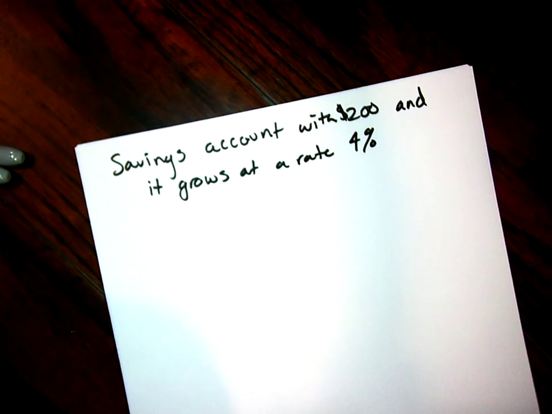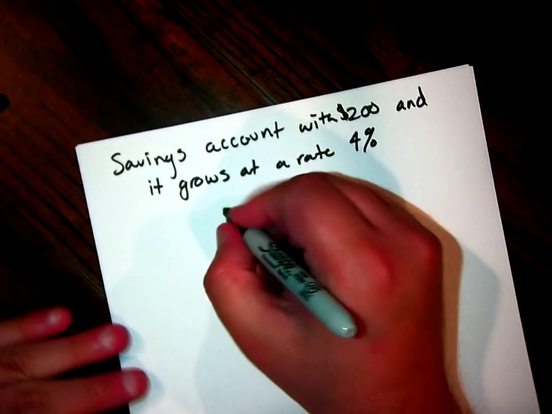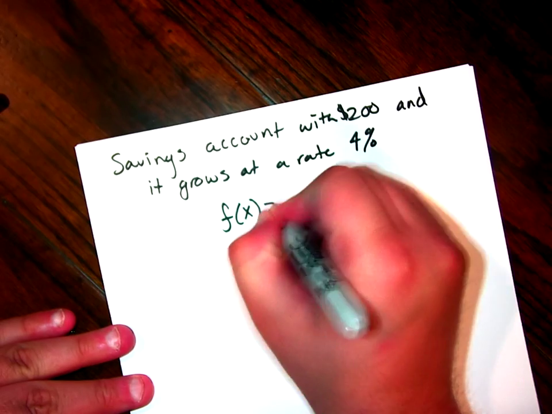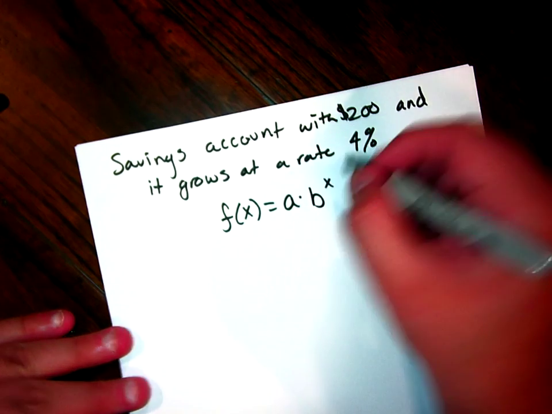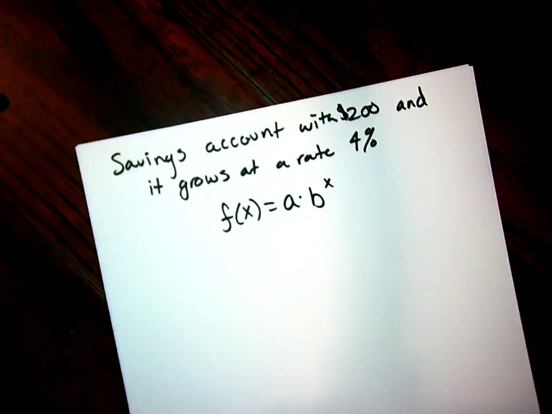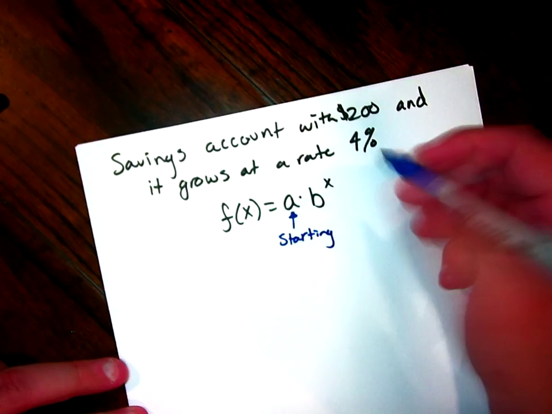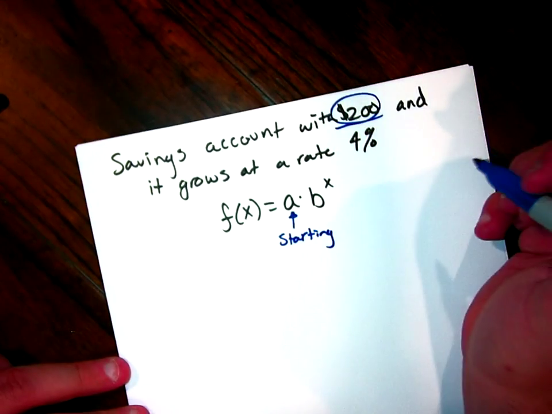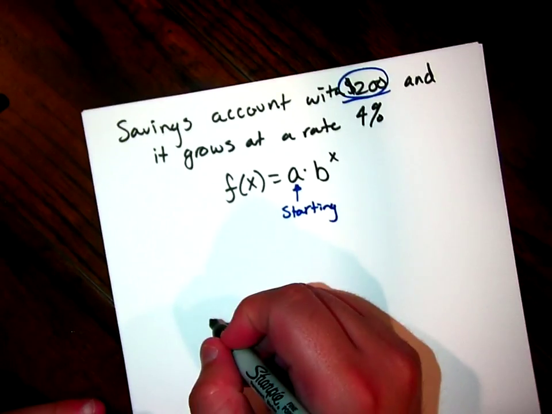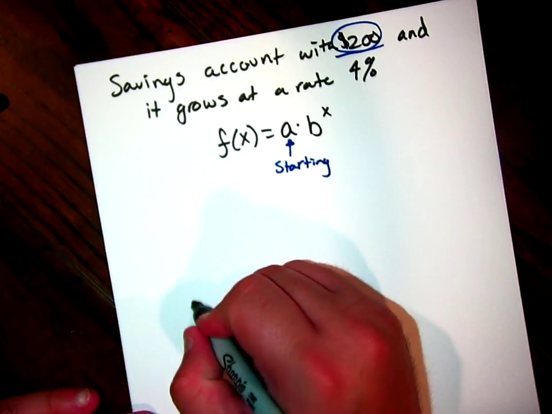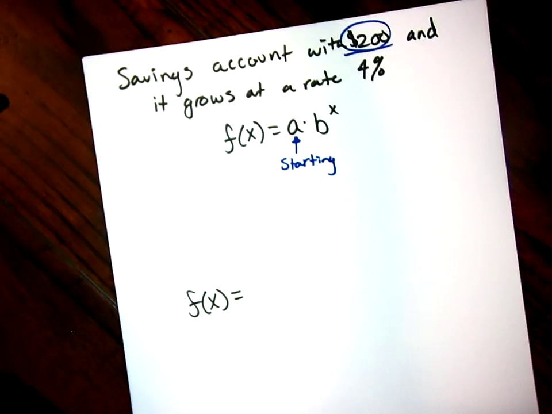Well, we know it's exponential, so you're going to get f of x equals a times b to the x. My a value, remember, is the starting value. So what are we starting with here? We're starting with $200. So if I was going to write that function, f of x equals, and then we know our starting point, the a value, is 200.